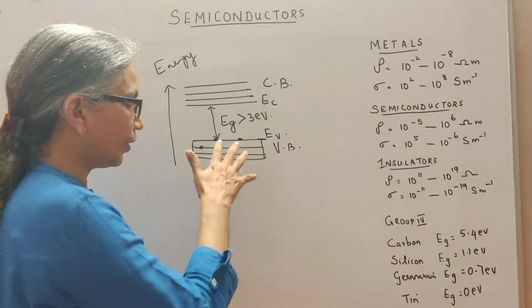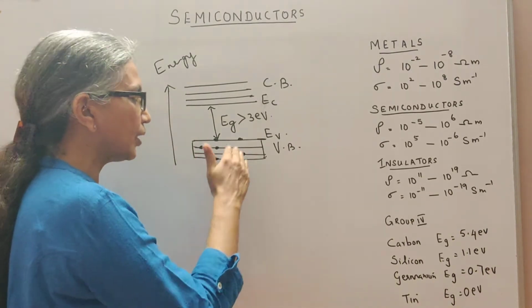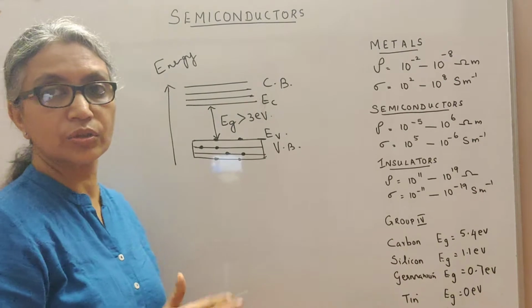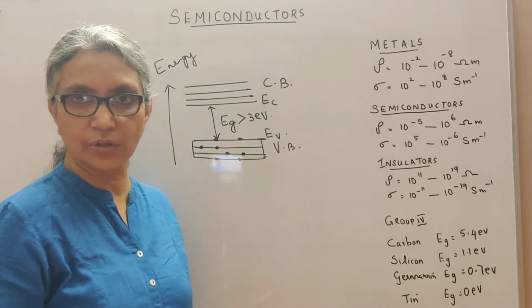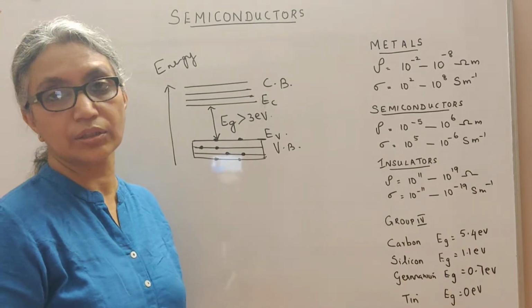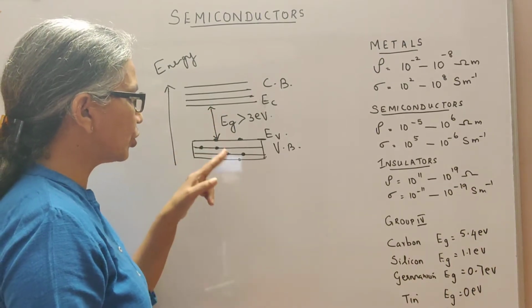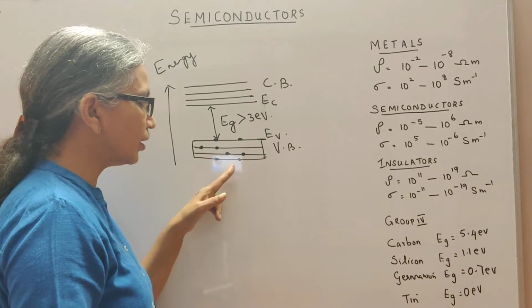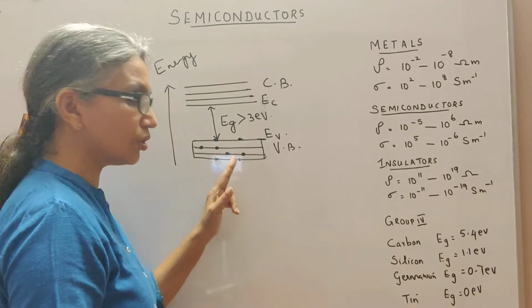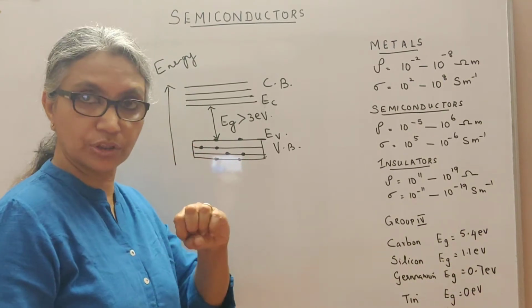You cannot give thermal energy to these electrons and excite them into the conduction band so that they are free to conduct electricity. That's not possible, and therefore they are insulators, bad conductors, because the energy gap is too large. You are unable to excite these bound electrons in the valence shell.